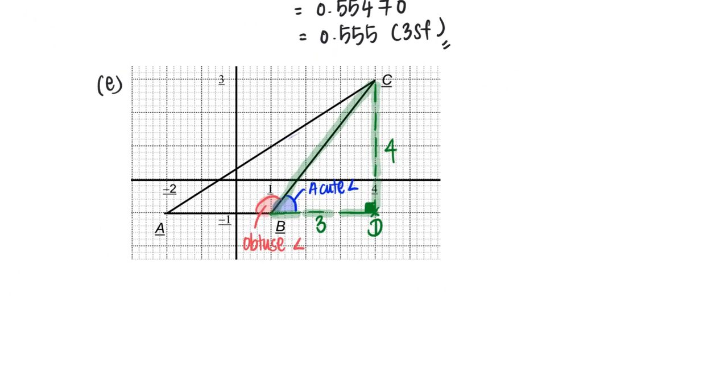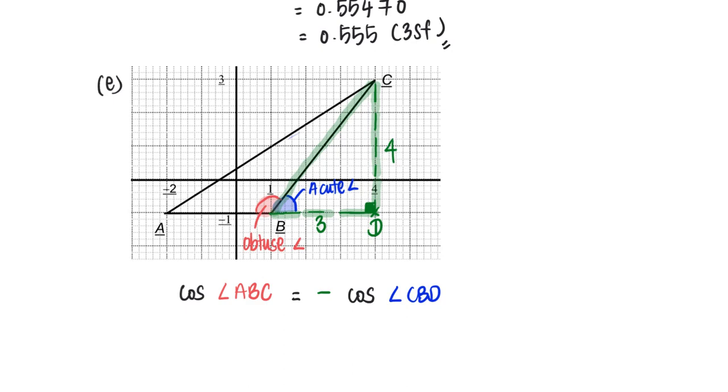So a recap, to find cosine of this obtuse angle ABC, our job then is to find the negative of the cosine of this angle CBD, the blue color angle.